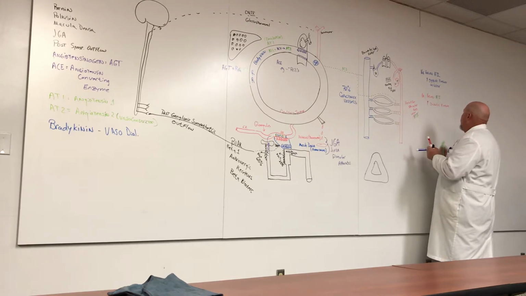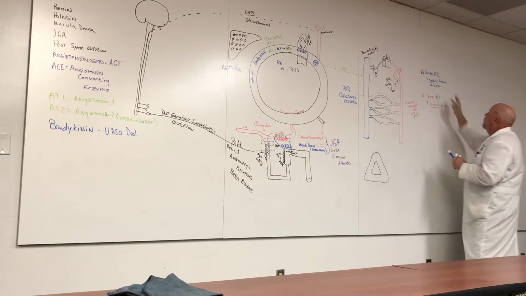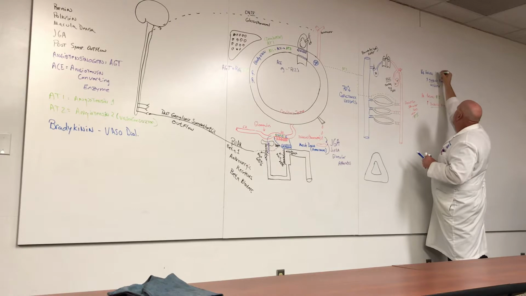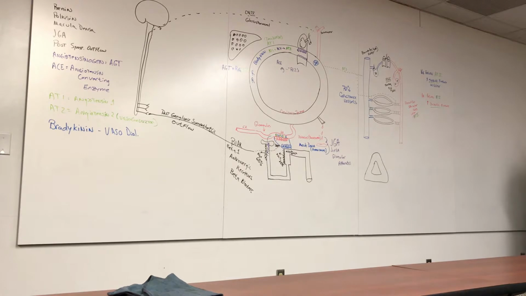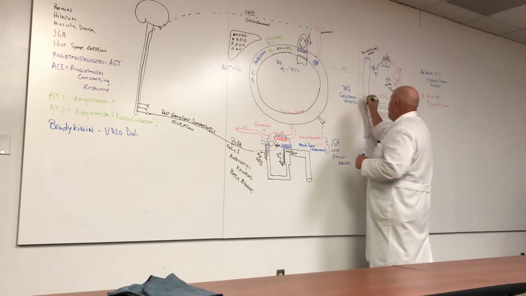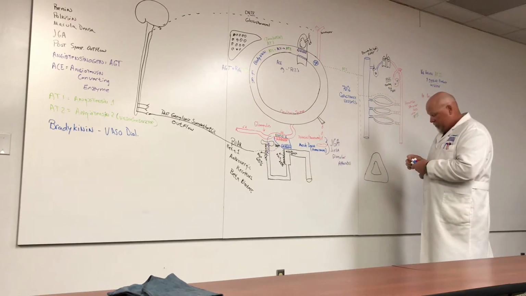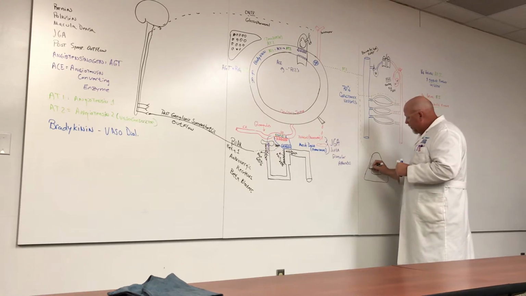Okay, does that make sense so far? All right, so angiotensin II then will proceed through the circulatory system to get to the adrenal gland, to the outermost layer, which is what?